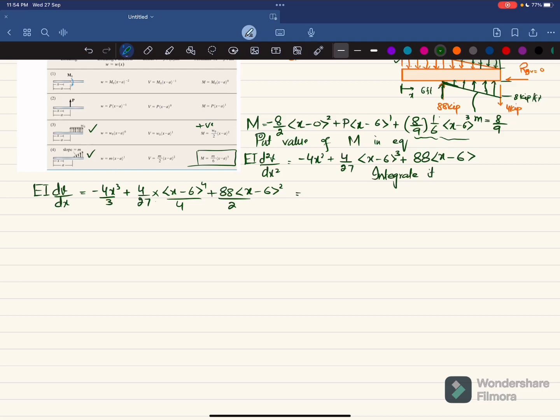And if you further simplify it, it will be equal to minus 4 over 3 x cube plus x minus 6 power 4 divided by 27 plus 44 into x minus 6 whole square, and there will be a constant of integration as well over here, plus C1. So C1 will be over here. Let this be your equation number 1.